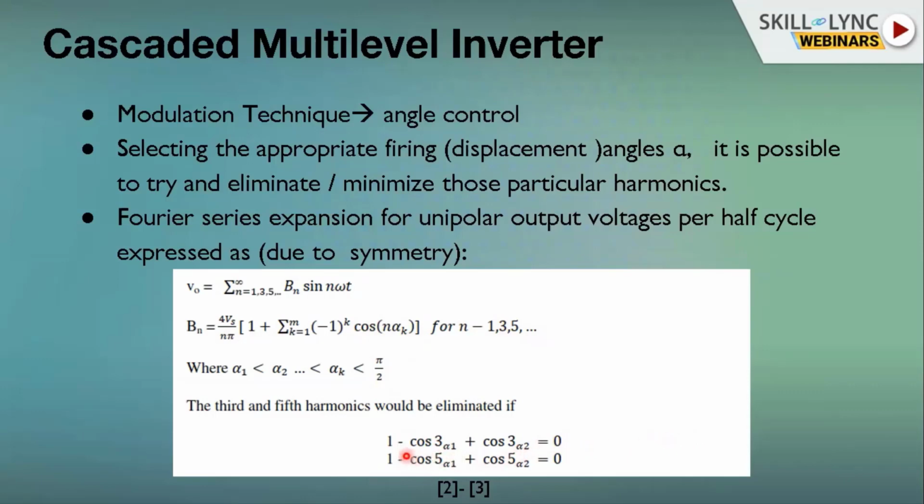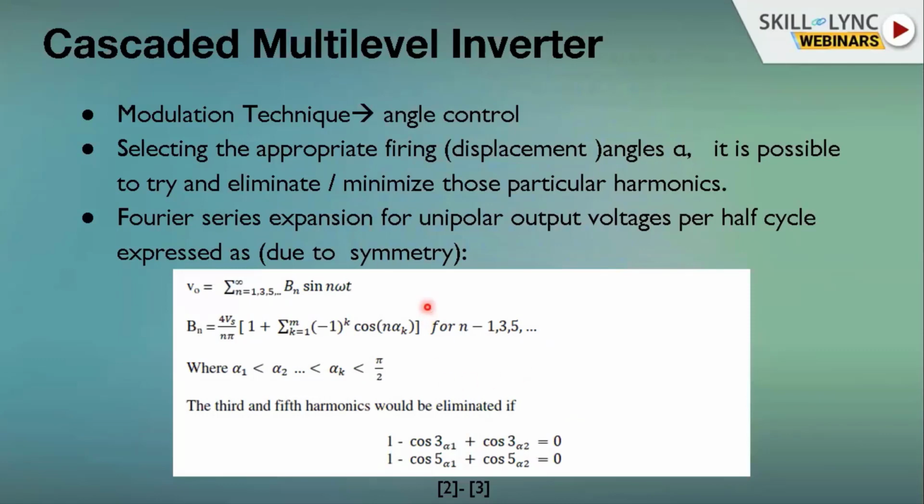Just go for these factors. So you get 1 minus cos 3 alpha 1 plus cos 3 alpha 2 equal to 0, and similarly for the fifth one. Once you have these two basic equations in place, it's an iterative process. Your purpose is to find the values of firing angles alpha 1 and alpha 2.